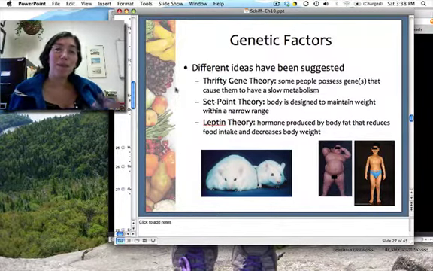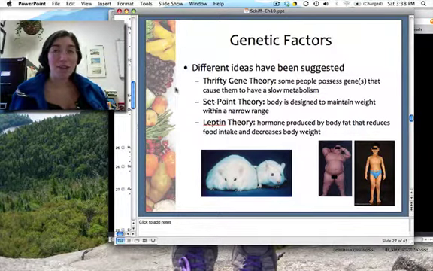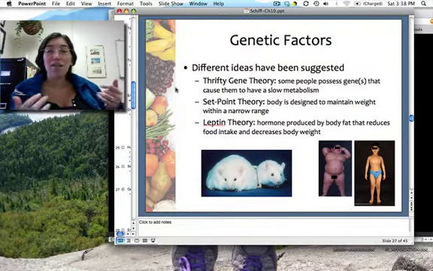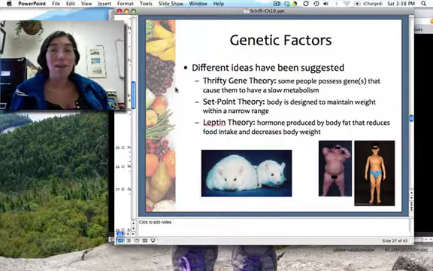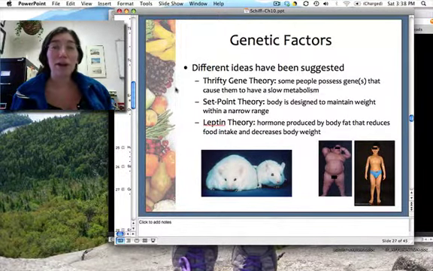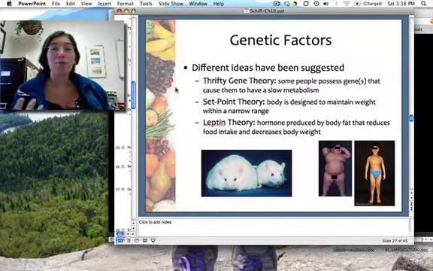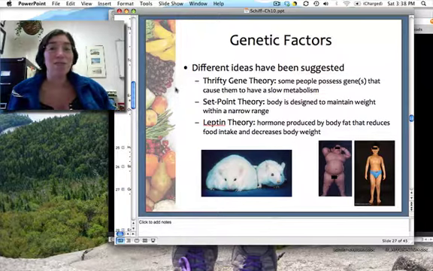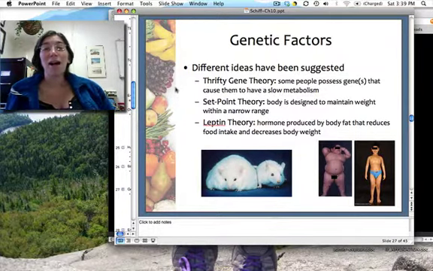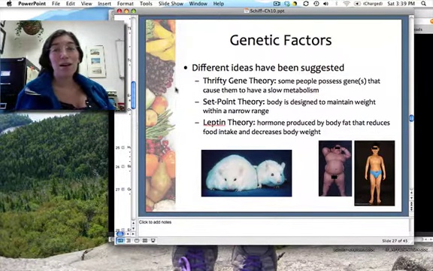These people's bodies would put some energy away for later. And then during times of famine, they were more likely to survive because their metabolism was a little bit slower. Their metabolism was more thrifty and was able to better spend the energy and save the energy than someone who had a faster metabolism, who would not be as likely to survive the famine.